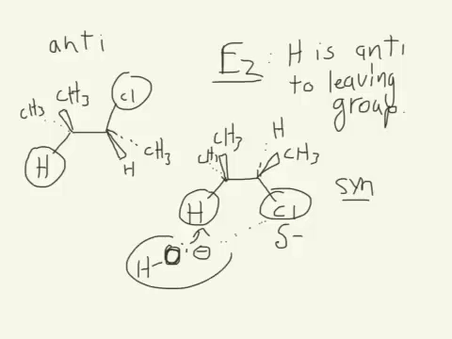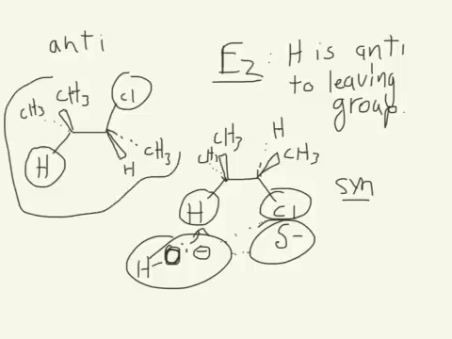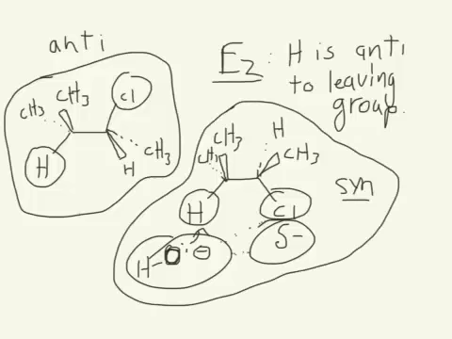So this interaction between the two negative charges here is unfavorable. And the result is that the anti conformation is the conformation that E2 reactions happen from. So you don't really see E2 reactions happening from the syn conformation.